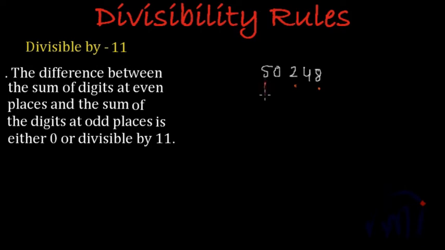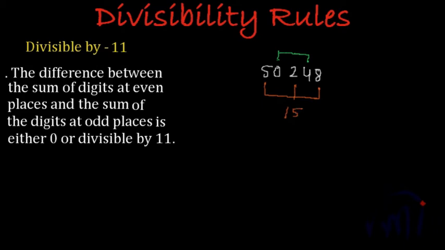So what they are saying, the sum of all these digits and the sum of all the digits at even places, if we find the sum of these digits and then find the difference, it should either be 0 or it should be divisible by 11, right? So the sum of the digits at odd places is 5 plus 2, 7, and 7 plus 8, 15, right?